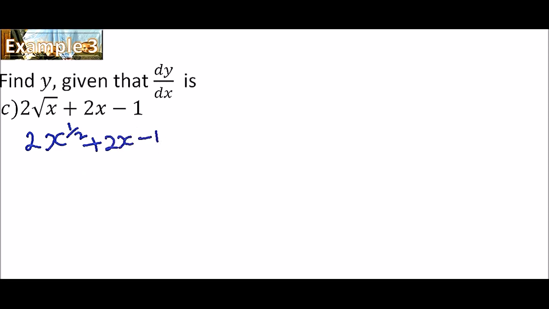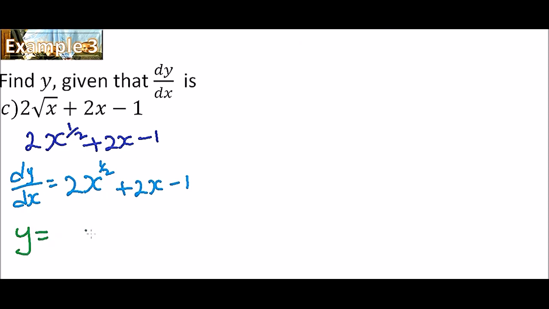This implies that dy over dx is equals to 2x raised to a half plus 2x minus 1. So having that, now we can get the function, which is y is equals to, now it is 2, we add 1 to a half, so it's a half plus 1, which will be 3 over 2.